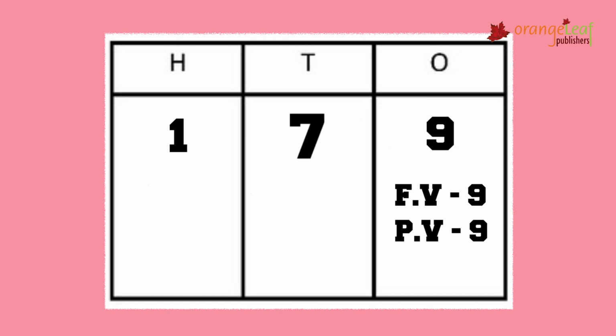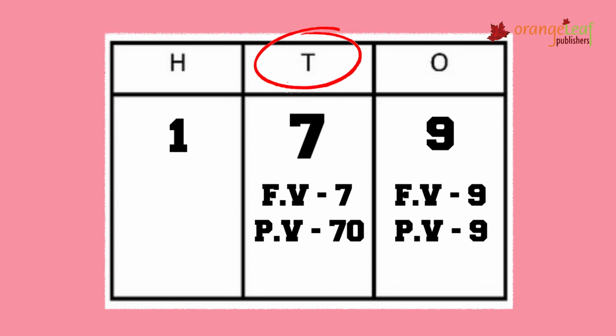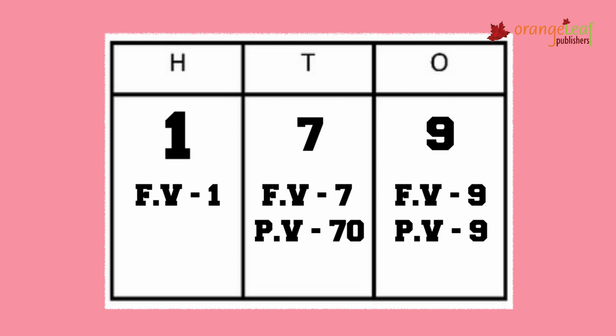The face value of 7 is 7, but the place value of 7 is 70 because it's in the tens place, right? The face value of 1 is 1, whereas the place value of 1 is 100.